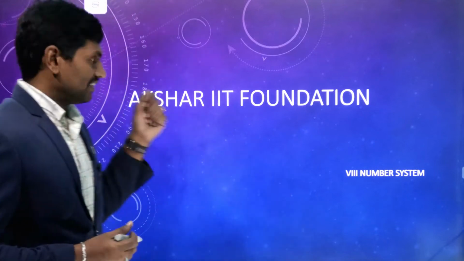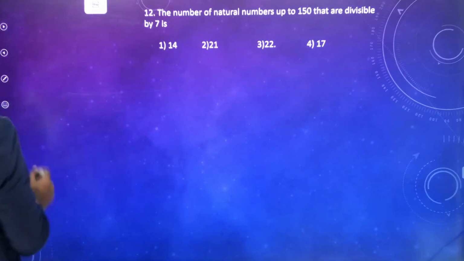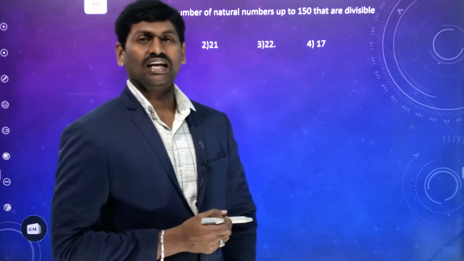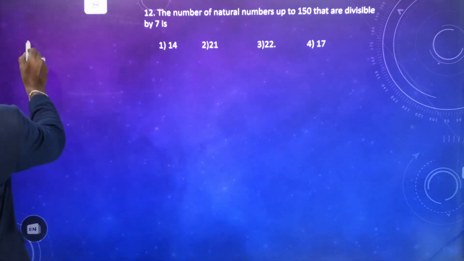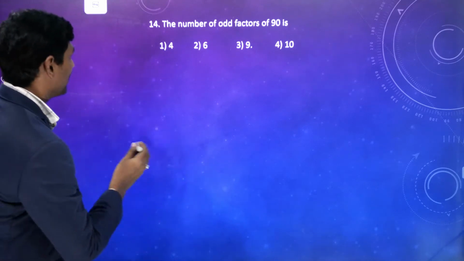So coming to today's topic, let us discuss the problems which we left in our previous class. We already discussed some problems from this exercise, but at last we left some. Let us check that.